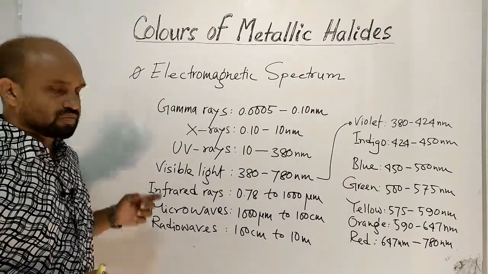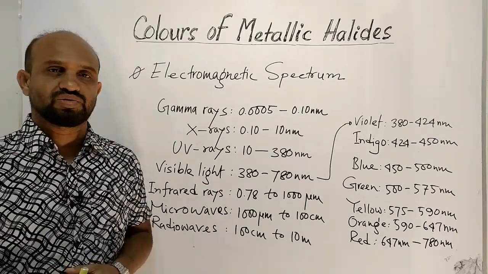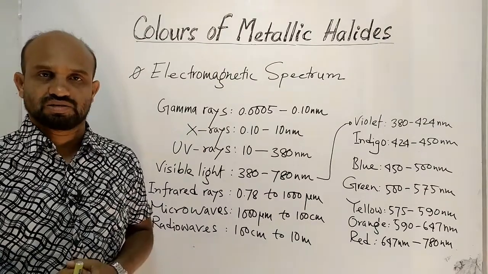Again, this visible light is divided into another 7 regions.